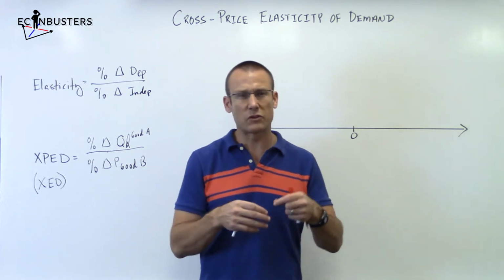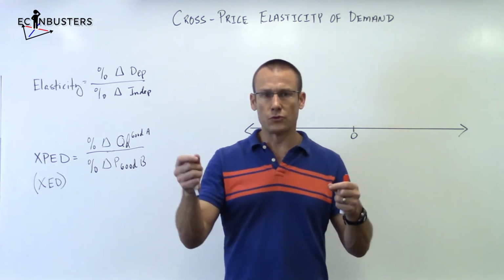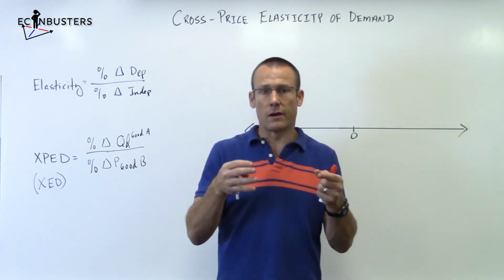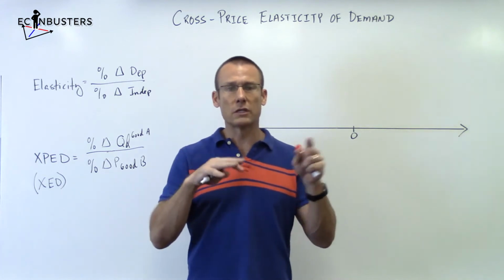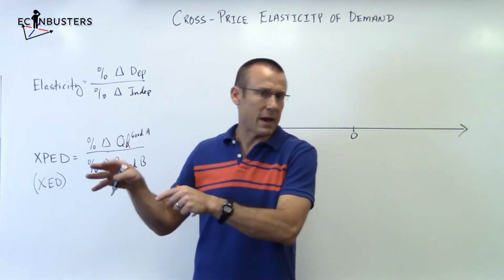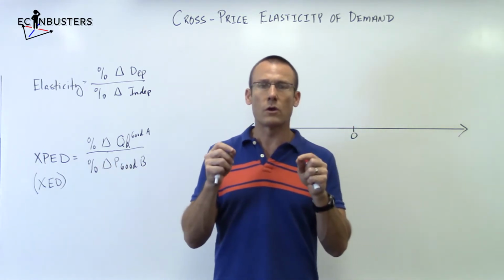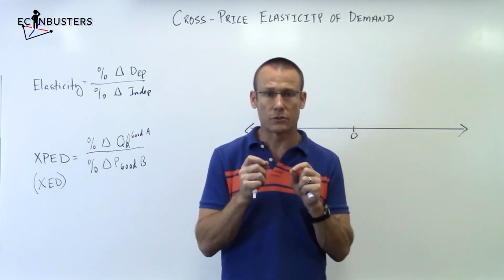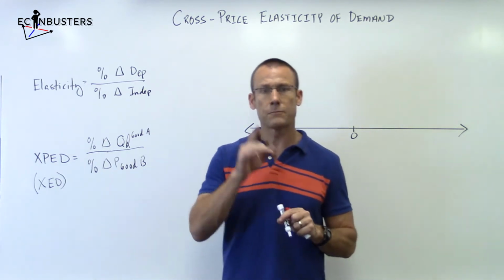We might want to know the relationship between gasoline and mass transit, or sodas and fruit juice, or fruit and sugary snacks. There are so many things where we want to understand the relationship between the goods. If we're thinking about taxing one, what's going to be the impact on the other good? Just a lot of public policy questions where we want to know if the goods are complements or substitutes, and to what degree. So let's get at it.